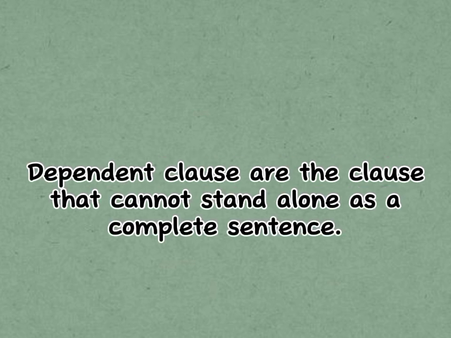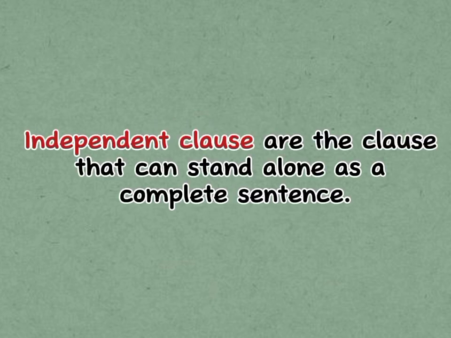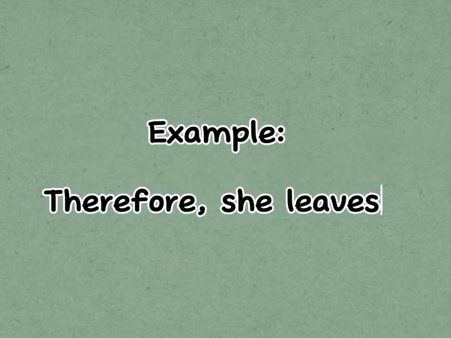Dependent clauses are clauses that cannot stand alone as a complete sentence. For example, "if she leaves" is not a complete sentence, while independent clauses are clauses that can stand alone as a complete sentence. For example, "therefore she leaves" is a complete sentence.